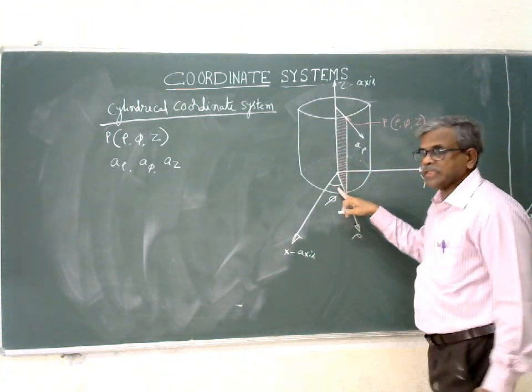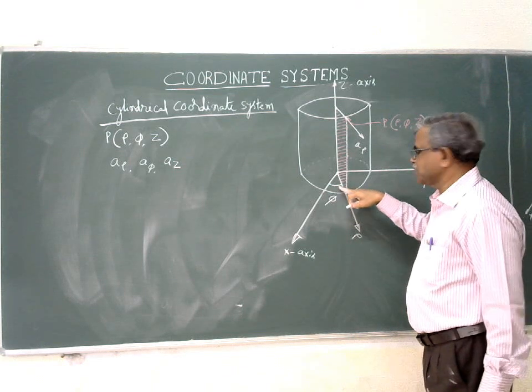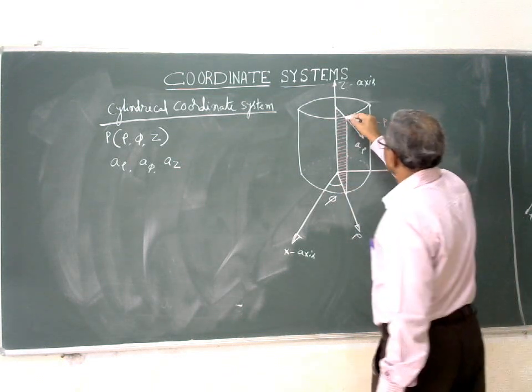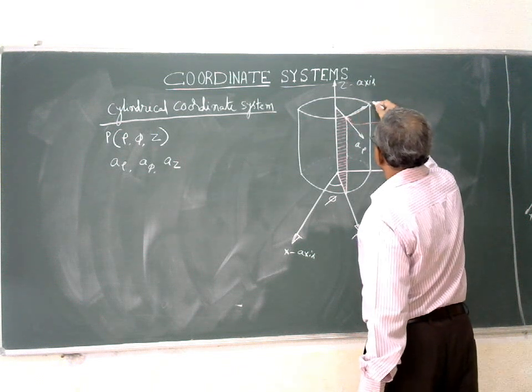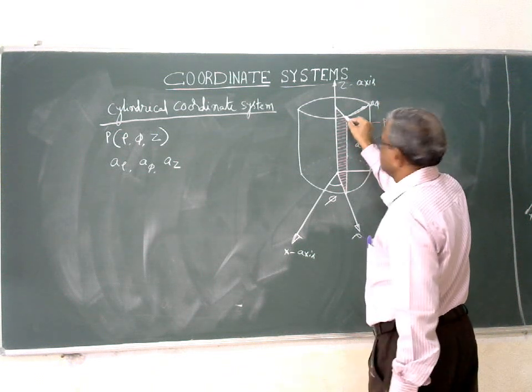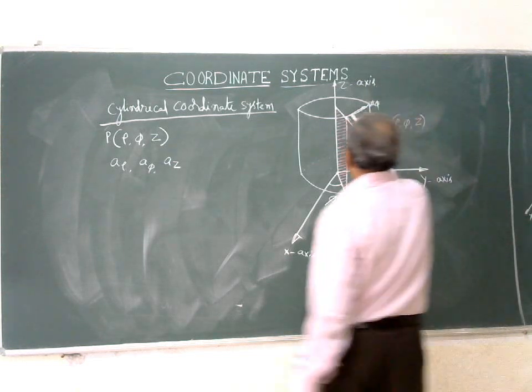A phi is in the increasing direction of phi, and A z is along the z direction.